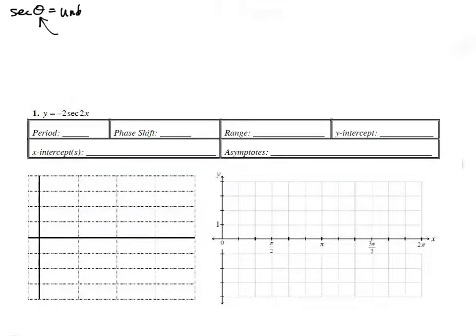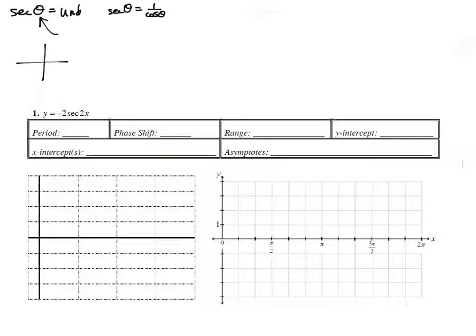Go. Now, in order to logically think through this, good job, by the way, tables. You have to think about what is secant. Secant, you guys know more commonly as the reciprocal of cosine, right? So, pretty much wherever cosine equals 0, that would make secant undefined.